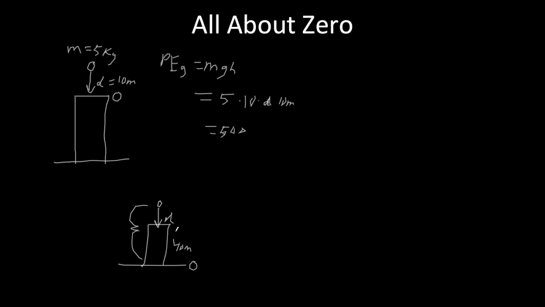So if we take our new numbers, this total height is going to be 50 meters, because it's 40 meters for the building plus the original 10 meters. So we're going to have 5 times 10 times 50, or 2,500.